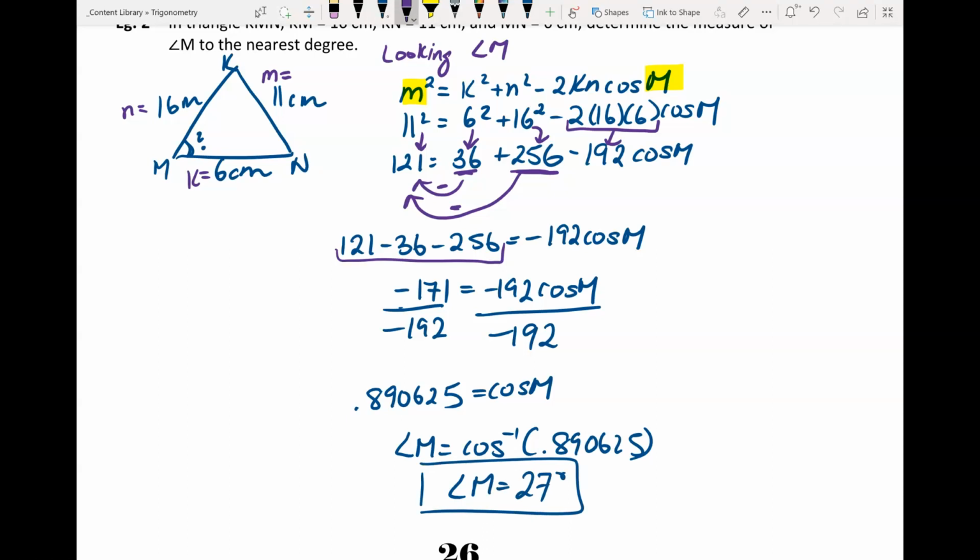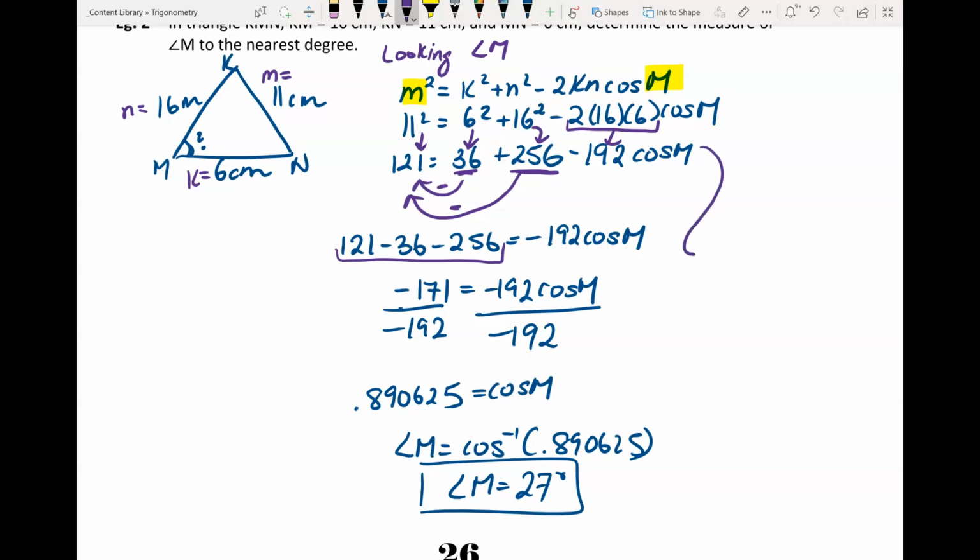So again, to reiterate those steps, you need to look for your cos law and write it down. In this case, I'm looking for information about M. So make sure M shows up with your cos, and for the side M on the other side of the equal sign. Afterwards, I plugged in the information and then simplified it.